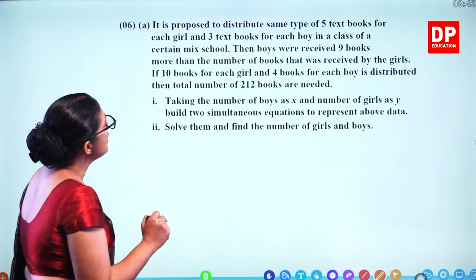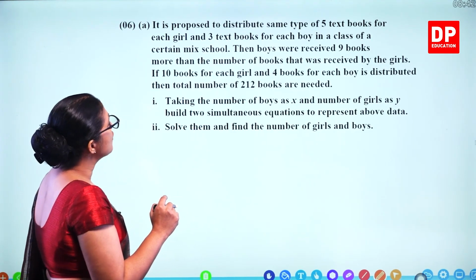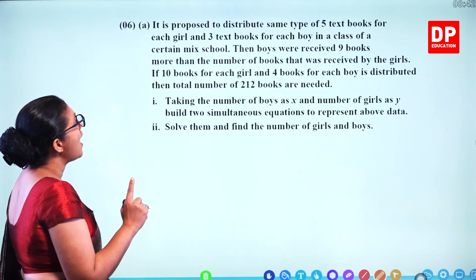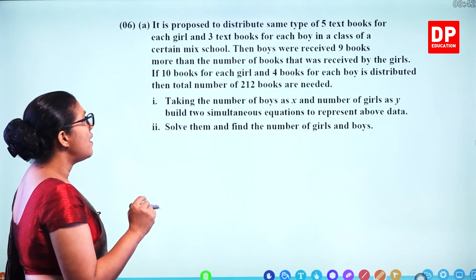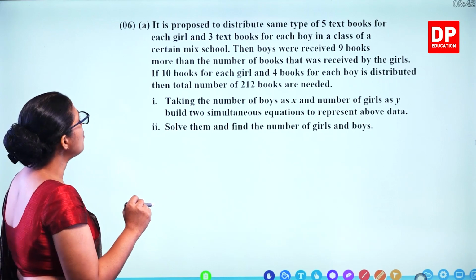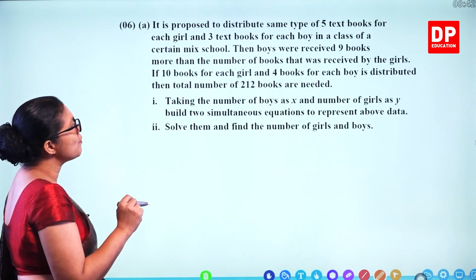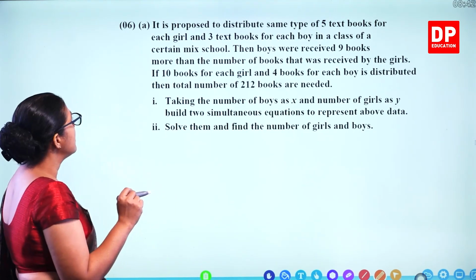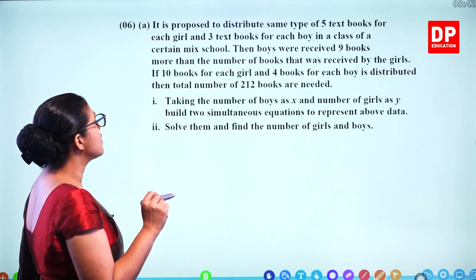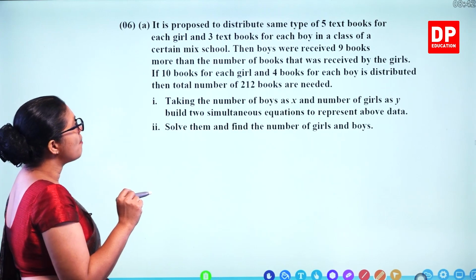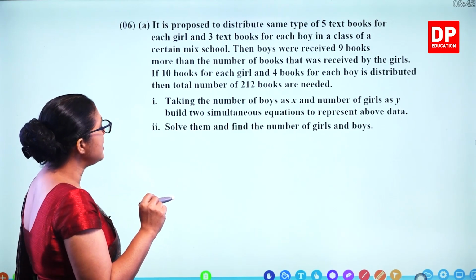It is proposed to distribute the same type of 5 textbooks for each girl and 3 textbooks for each boy in a class of a certain mixed school. Then boys will receive 9 books more than the number of books that was received by the girls. If 10 books for each girl and 4 books for each boy are distributed, then a total of 212 books are needed.